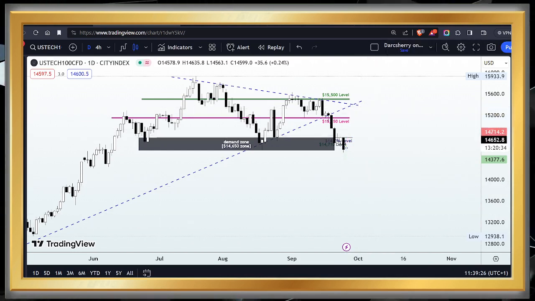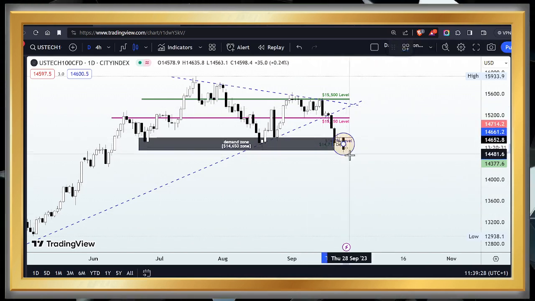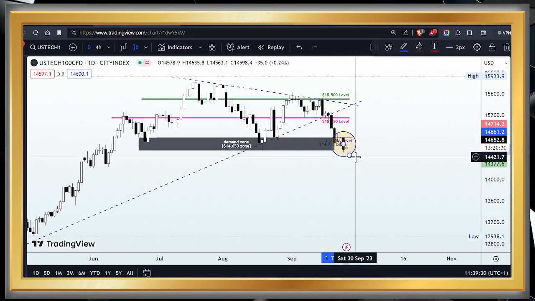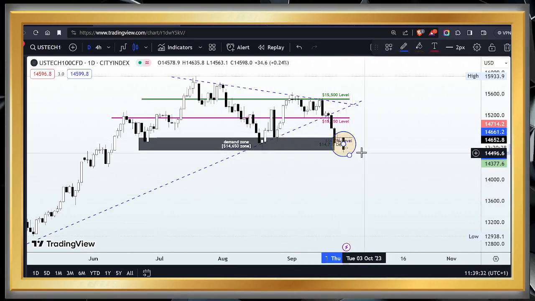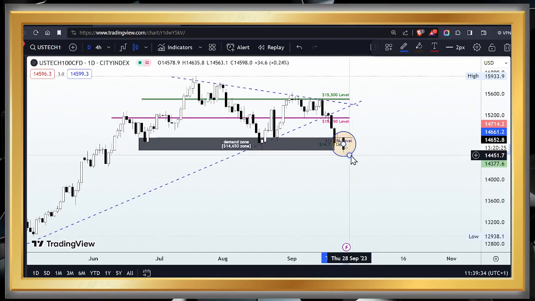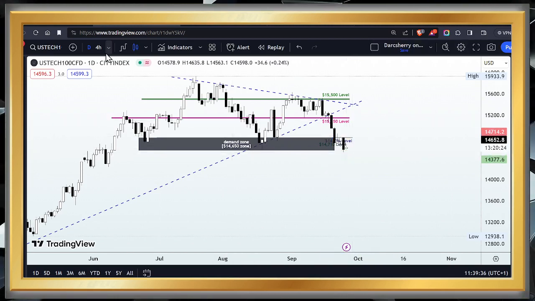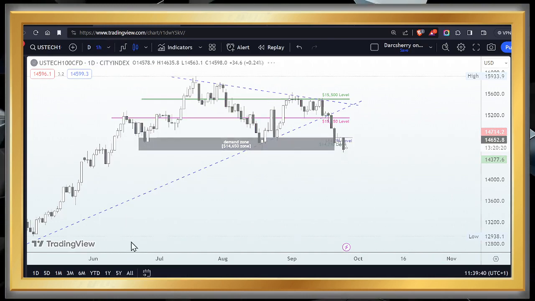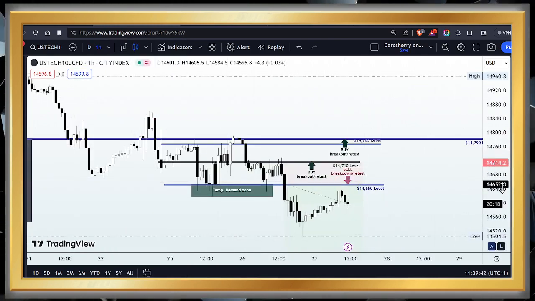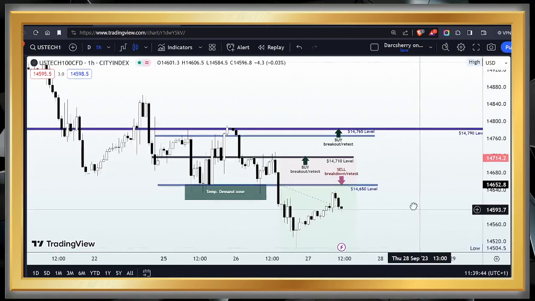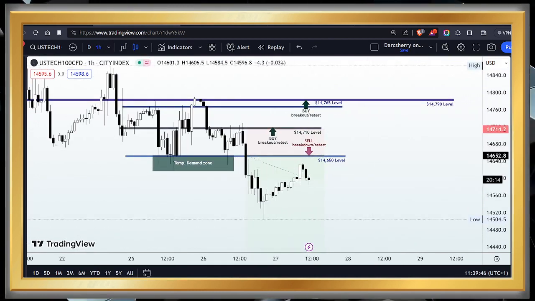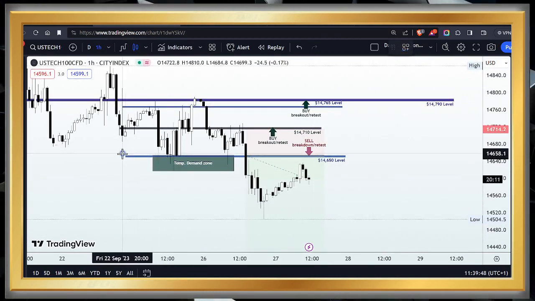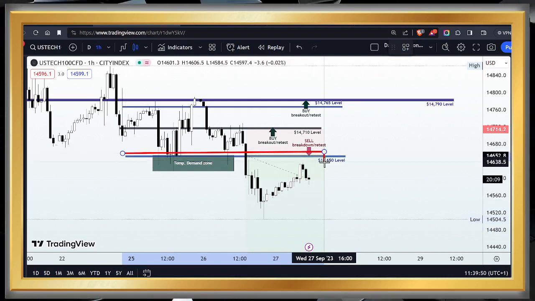For us to have a better perspective on what is really going on here, we scaled down into the 1 hour time frame to look out for patterns and structures that will help guide our positions for this week. Scaling down into the 1 hour time frame, we spotted this range, and right now price has broken down that temporary demand zone around the 14,650.